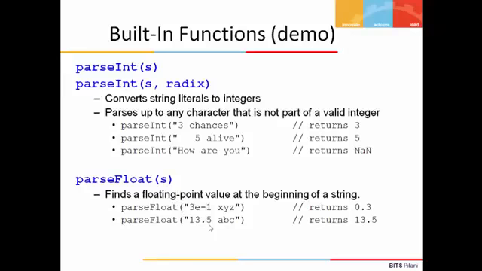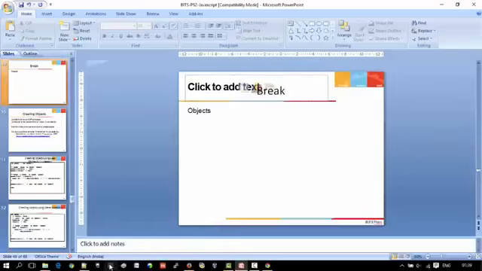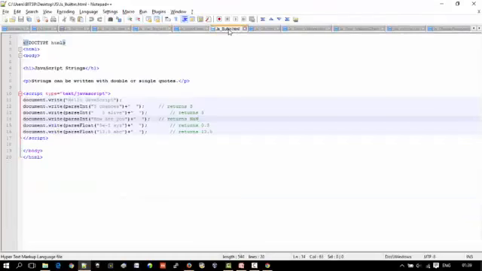So let us see a demo with parseInt before we break for objects. So here is the example for parseInt. I have 3 parseInt function calls as well as 2 parseFloat function calls.